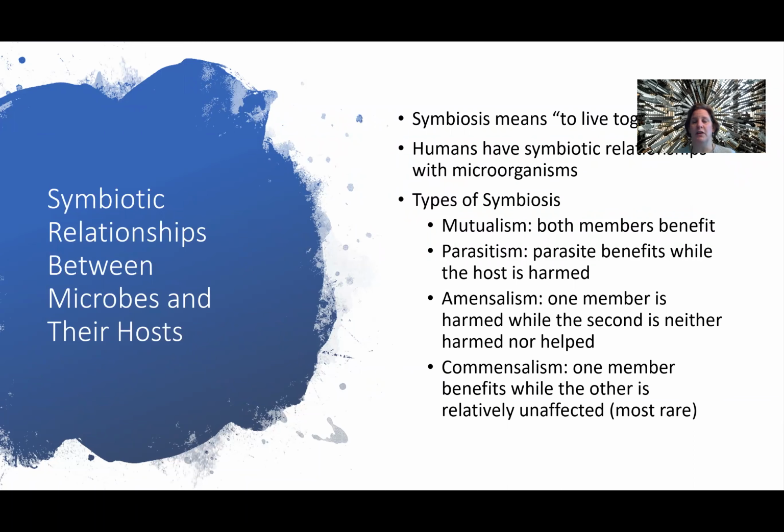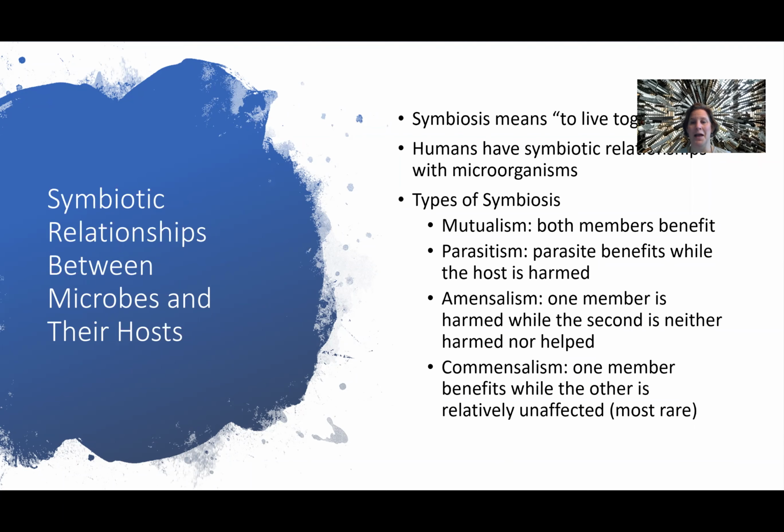Most of the time when we talk about symbiotic relationships, I think we're referring to mutualism, where both members of this relationship are benefiting. However, parasitism itself is a type of symbiosis, and in that case, one organism is benefiting, the parasite is benefiting while the host is harmed. We have amensalism, where one member is harmed, but the second member isn't helped or harmed.